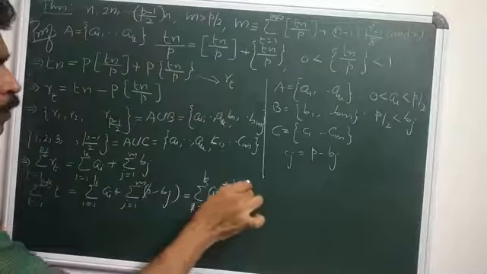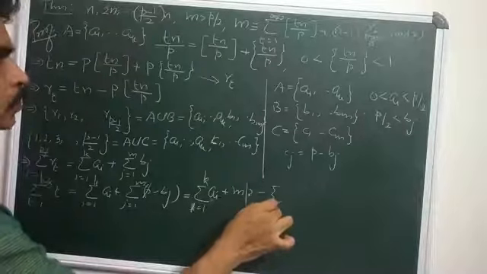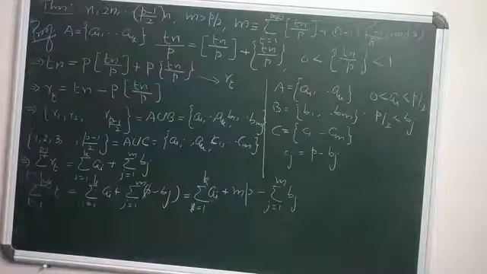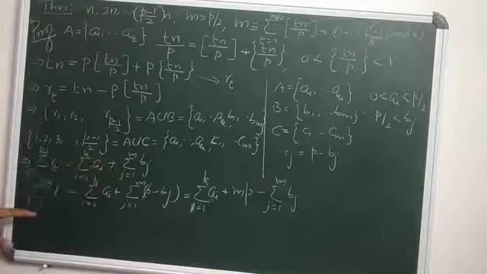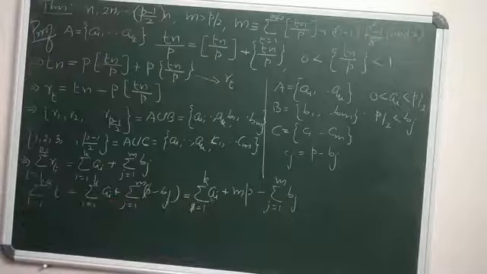So that term is P into M, that is MP, minus sigma J ranges from 1 to M of Bj. Agreed. So sigma T ranges from 1 to (P minus 1) by 2 of Rt is nothing but this one, and sigma T ranges from 1 to (P minus 1) by 2 of T is nothing but this one. Agreed.